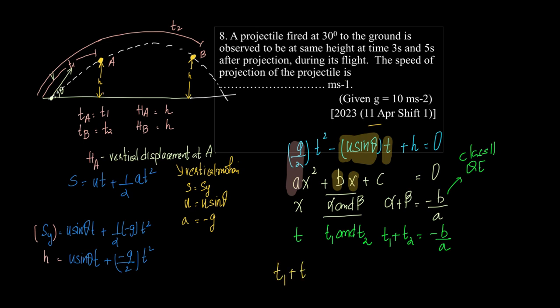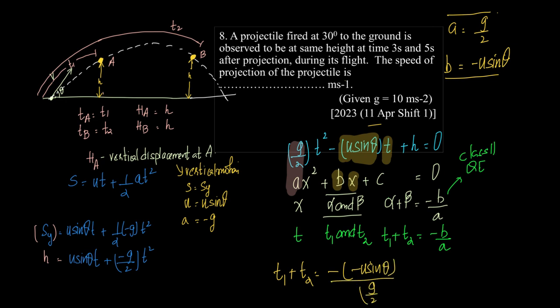Therefore, t1 plus t2 is equal to minus b by a. What is the value of b? b here is minus u sine theta, right? So a is equal to g by 2, and b is equal to minus u sine theta. Applying these in the equation, minus b by a becomes minus of minus u sine theta by g by 2.